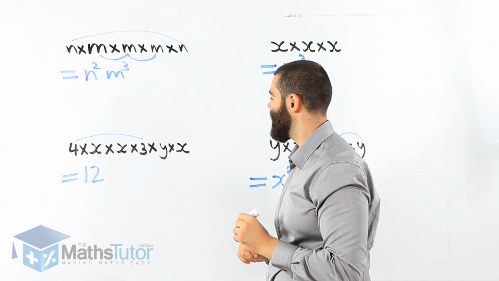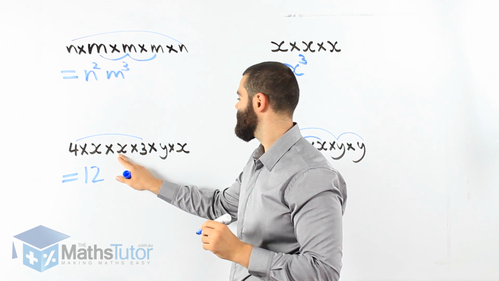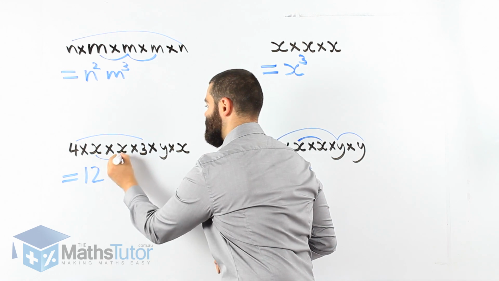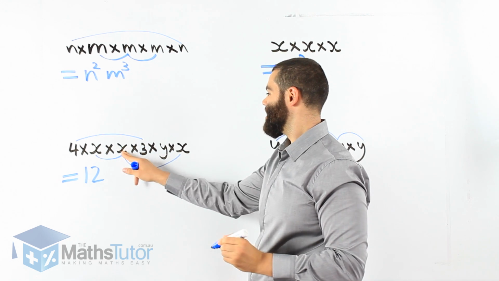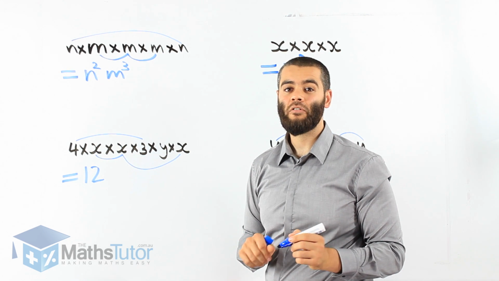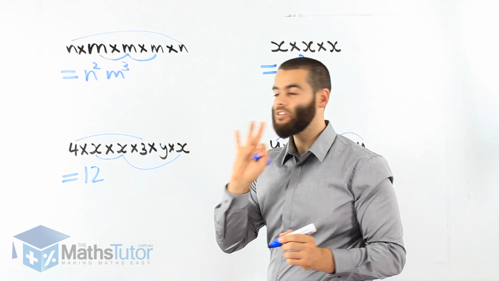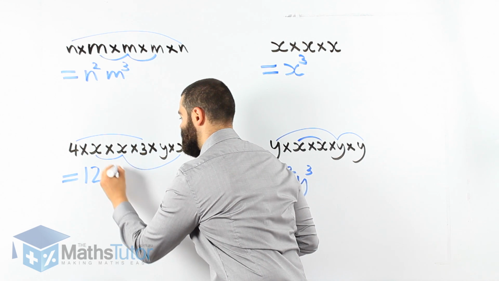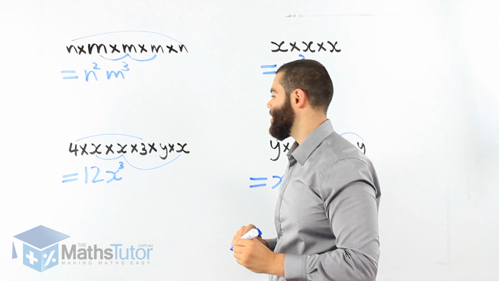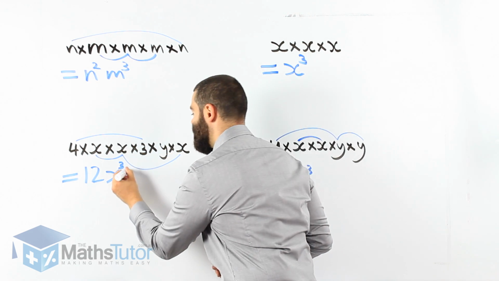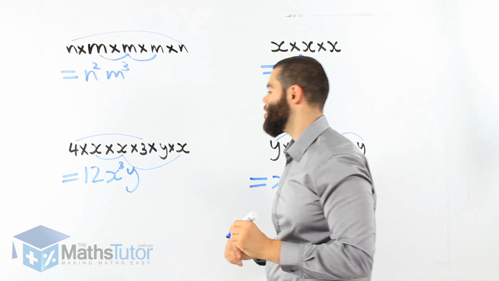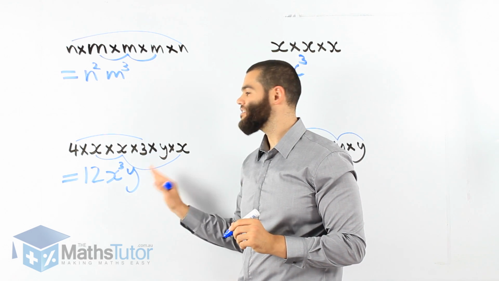Now, we have the pronumerals x times x. Is there another x? Yes, there is. x times x times x, x to the power of 3, because x times itself 3 times. Anything else? Yes, there is a y. So times y, we just put our y. 12x cubed y. That is our final answer.